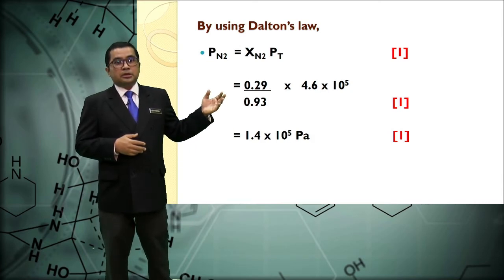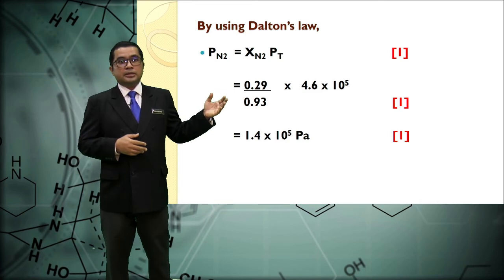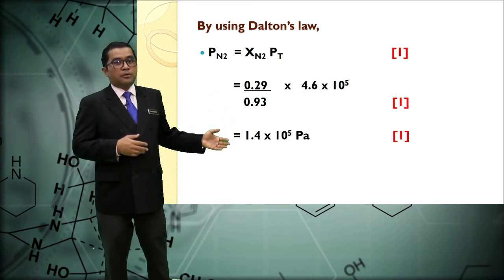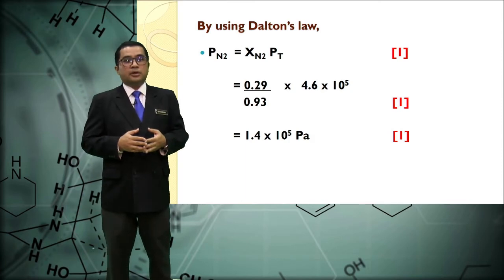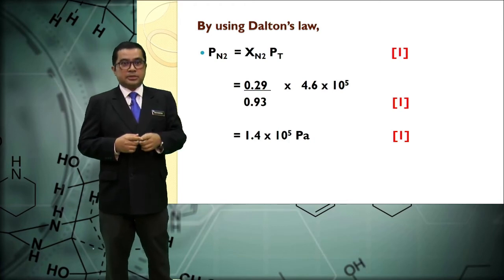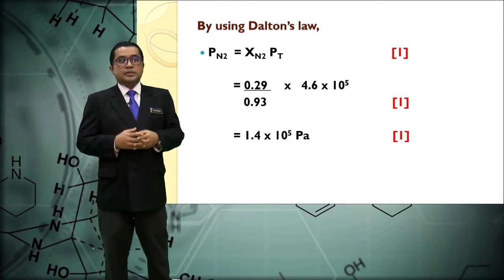And then the P total that you already calculated is 4.6 to the power of 5. From this you can calculate the partial pressure of nitrogen, which is 1.4 to the power of 5 Pascal. So again, make sure that the unit is correct, students. We go to the next one.